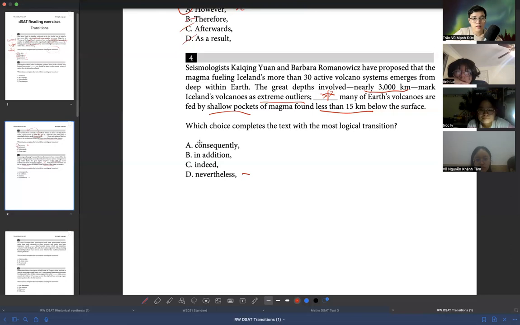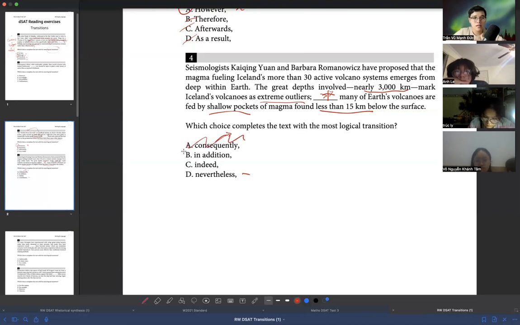So "consequently" is not correct because this would be a direct cause and effect relationship. It's not that Iceland's volcanoes being extreme outliers makes many of Earth's volcanoes 15 kilometers deep. It's just additional information. So A is not correct.